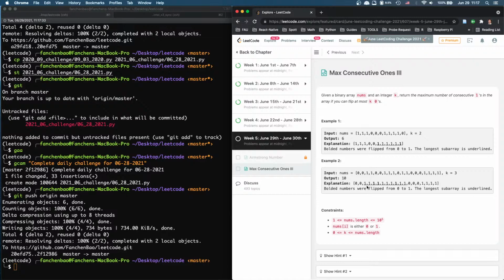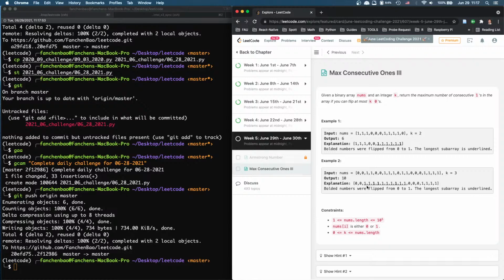So we have two conditions. One is we have 2 left, we can flip 1 left or 0, right? So we have 0, 1, and 2. And then the column is going to be their position.